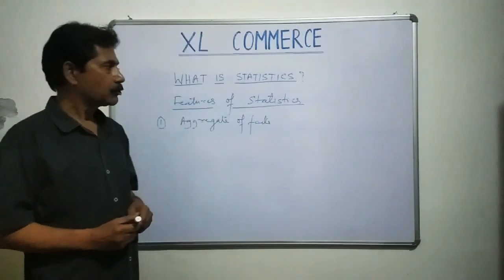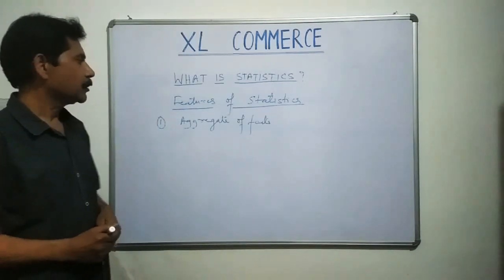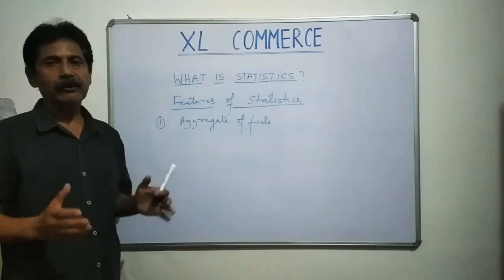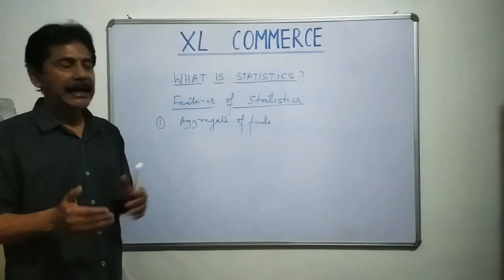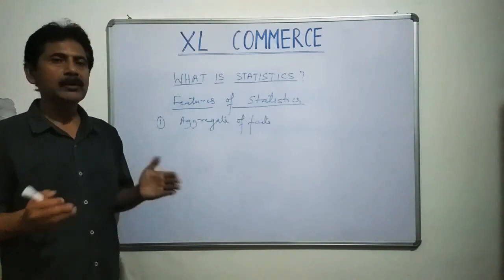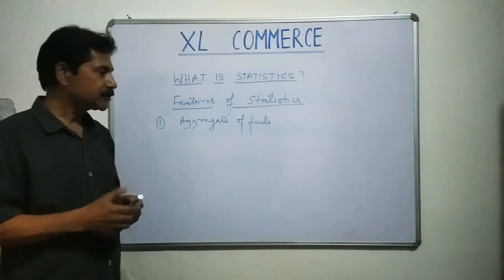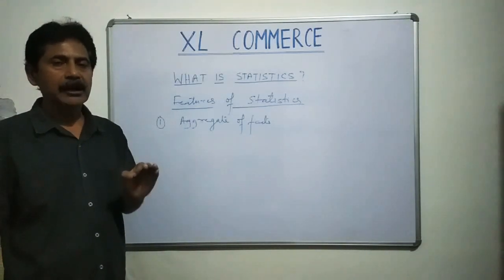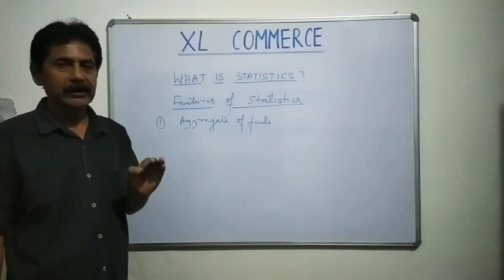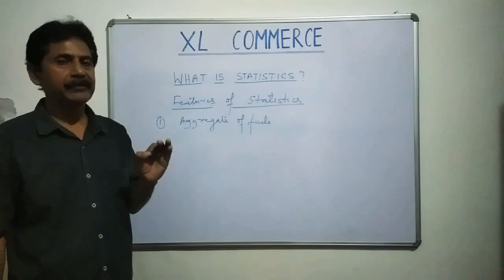Now we'll discuss features of statistics. The first feature of statistics is aggregate of facts. Now what is the meaning of aggregate of facts? Aggregate of facts means we always take collective data. Say for example, the height of a particular student of class 11 is 5 feet 5 inches.